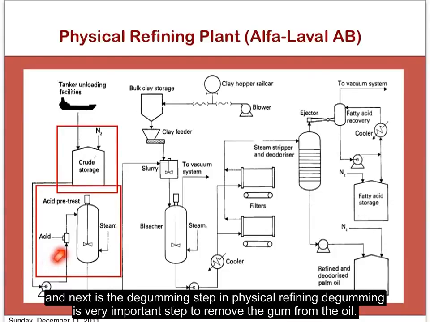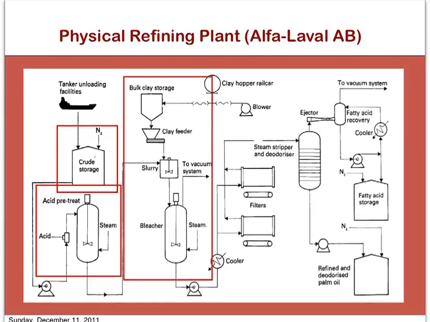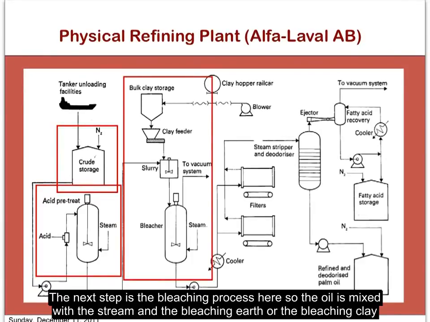And next is the degumming step. In physical refining, degumming is a very important step to remove the gums from the oil. So usually we use acid degumming process, and the process is done under reduced pressure, and the steam is used here to elevate the temperature to aid the degumming process. The next step is the bleaching process as shown here.